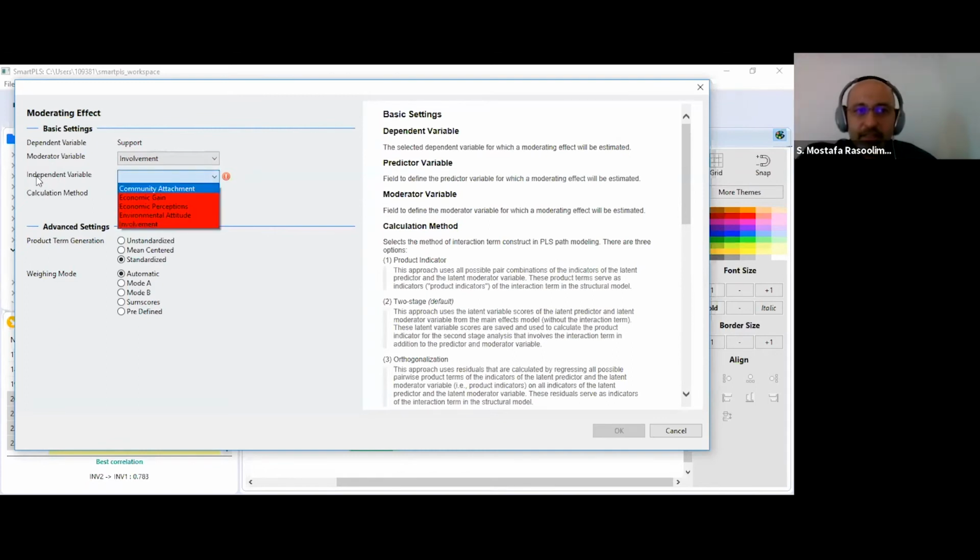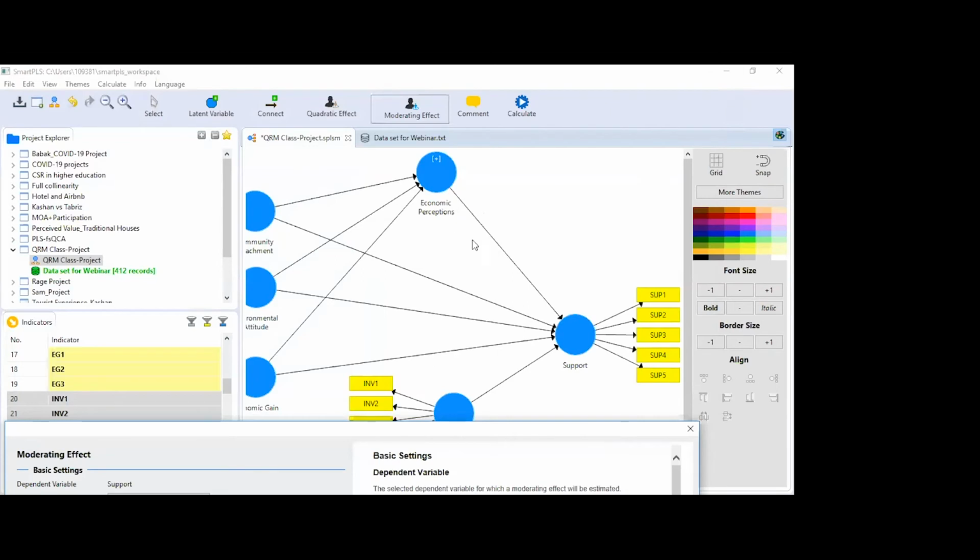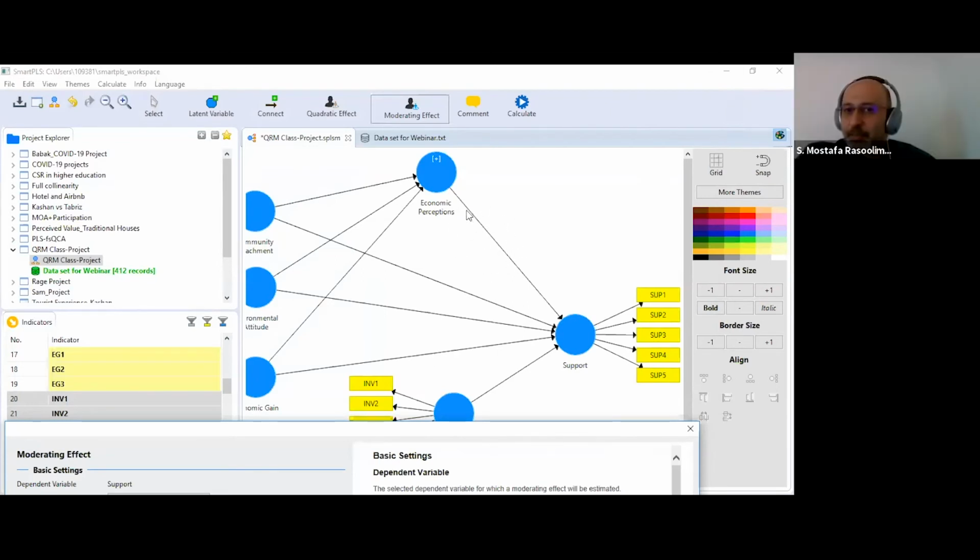Click on independent variable. What's your independent variable? Okay, here you want to see the effect between perception and support. So the independent variable to create the interaction effect is perception.